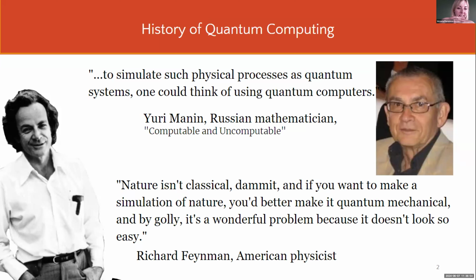But not many know that independently also Russian mathematician Yuri Manin, in his book Computable and Uncomputable, made some notes about limitations of classical algorithms. And he also offered this idea that for simulating physical processes as quantum systems, it would be a good idea to use quantum computers for this purpose.